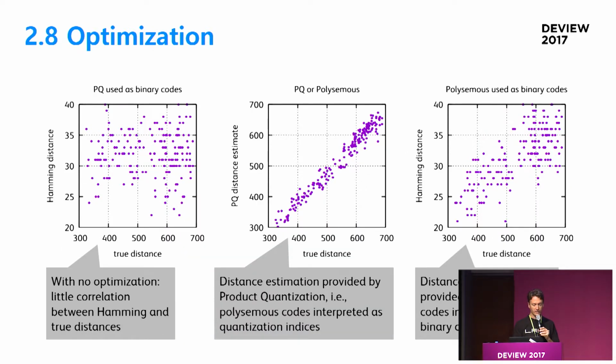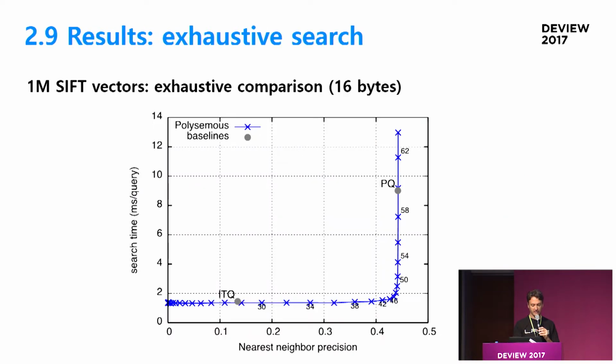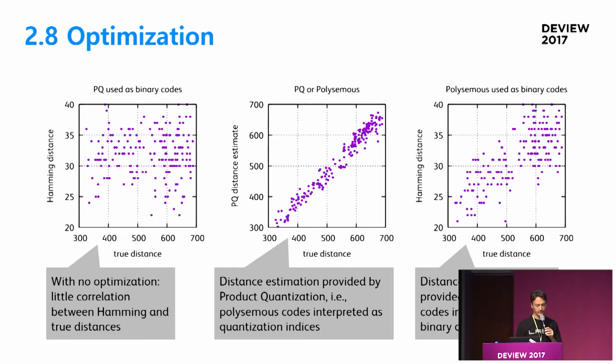So what I show here is the result of this index assignment. Here we show the Hamming distance on the y-axis as a function of the true distance between random data points. And on the left, I show the case when there is no optimization.